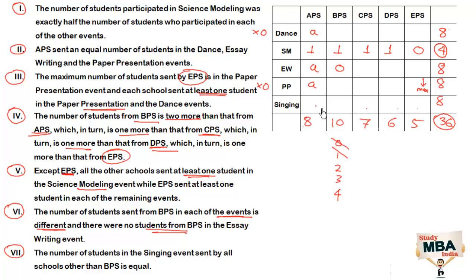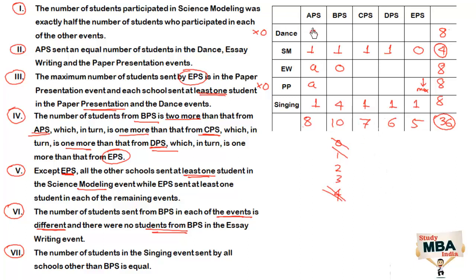And if the value at these cells is 2 each, then 2 plus 2 plus 2 plus 2 will make it 8, and here we have to put 0. But we can't put 0 here because all the values have to be different in the column of BPS, and 0 has already been put for essay writing. That simply means that we have to put 1 in each of these cells, which will ensure that the value here has to be 4. So we have also put 4 in its respective position. So we are left with 2 and 3.